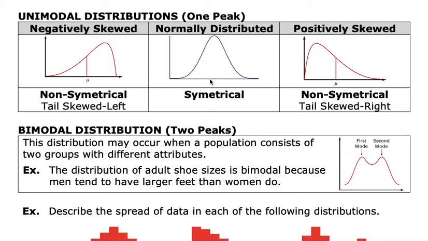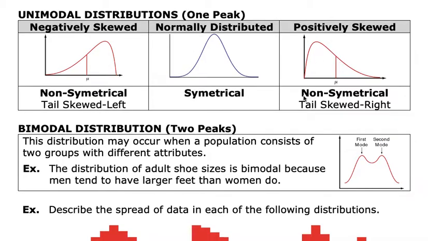It's called normally distributed, which we'll be spending a lot of time talking about because it's a very common case where values are symmetrically dispersed around the mean. Next, positively skewed means that the data has a right tail and is clustered around the left-hand side. So if you keep your focus on where the tail of the data is, that will help you in identifying the different types of distributions.